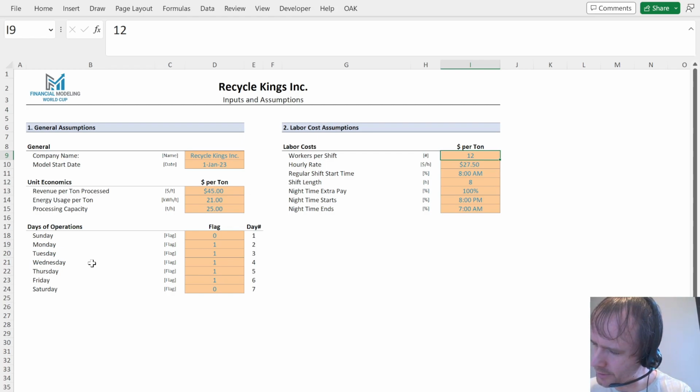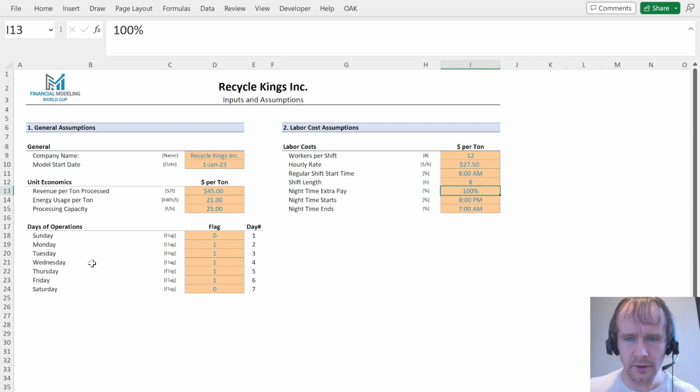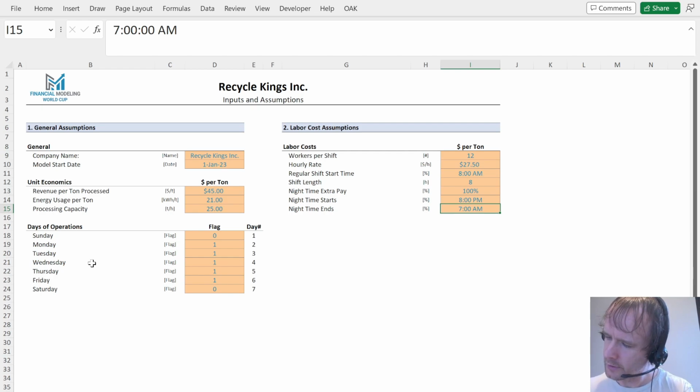Process structured in such a way that small breaks at work, including lunch on site, do not influence productivity. Hourly rate is this. Fine. Start time, shift length, nighttime extra pay, nighttime starts, nighttime ends. Fine. Not be changed even if you optimize the schedule under part 2. Okay, so there's a schedule optimization. Also limited to working not more than 8 hours a day, and the 8-hour shift should be continuous.